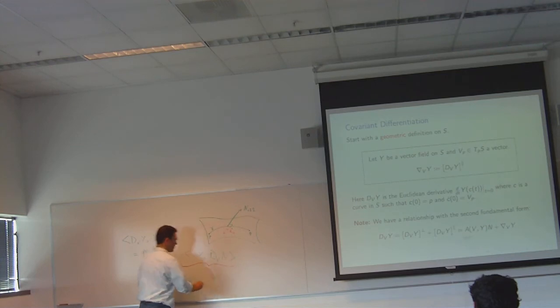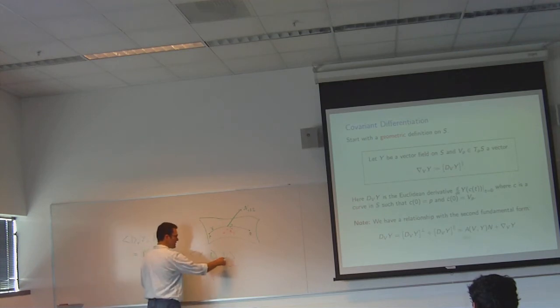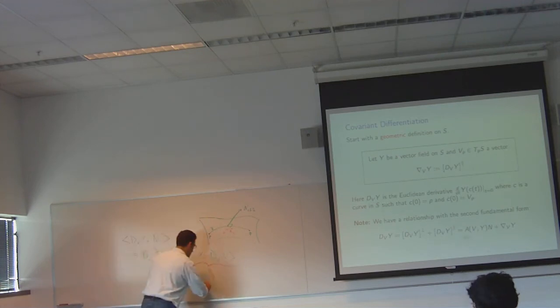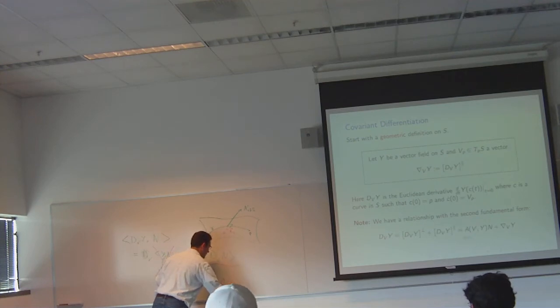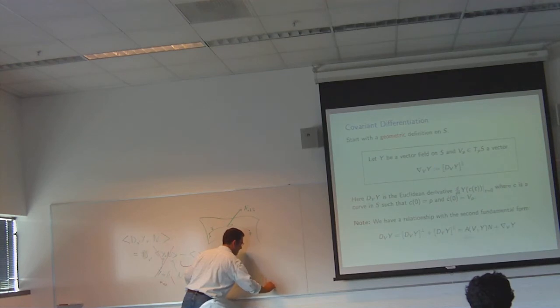But this here was our definition from several weeks ago of minus the second fundamental form. It was the derivative of the normal vector in the direction v, take the inner product with y. So this is minus the second fundamental form of y and v, or in other words, it's just the second fundamental form of y and v.